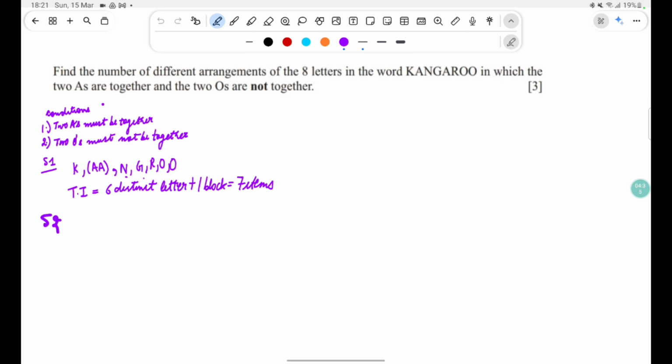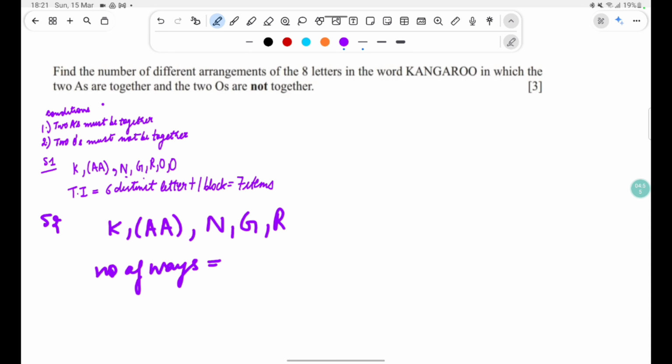To ensure that the two O's are not together, we first arrange the 5 items, that is K, the A's, then N, G, R. The number of ways to arrange these 5 items is 5 factorial, which is nothing but 120.